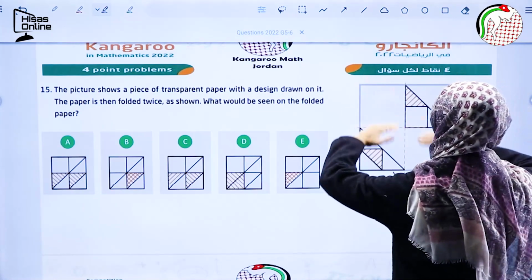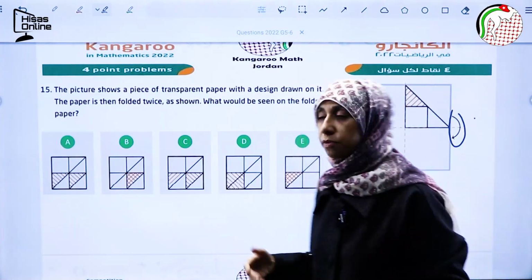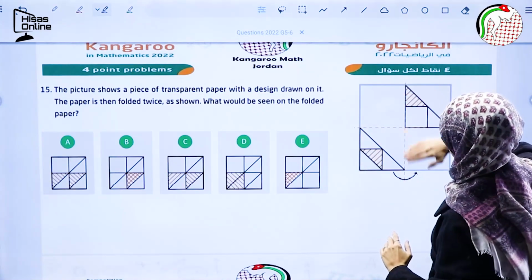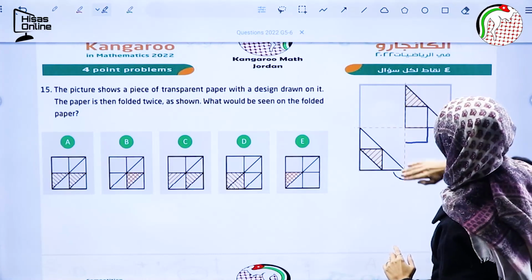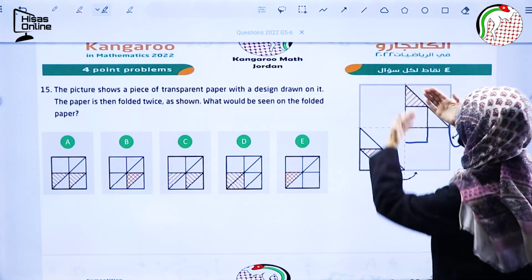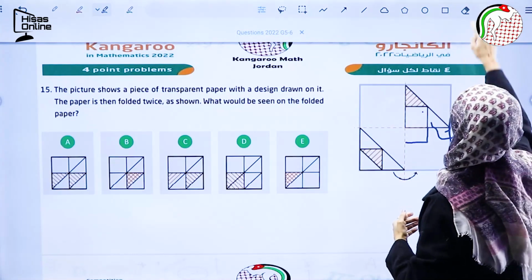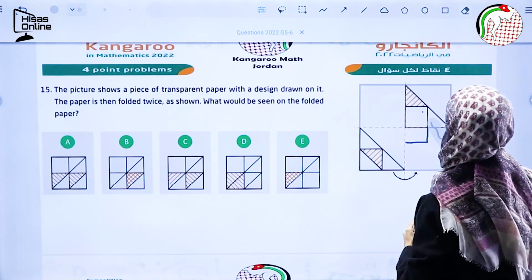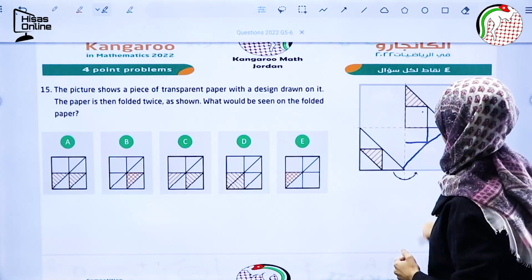So folding this, you have to imagine now and work on the reflection of the shape. So imagine that this will be like here, so this will be here, and the line, can you see, like this, fold it like this. Let me erase here so we can see it. So it will be like this.